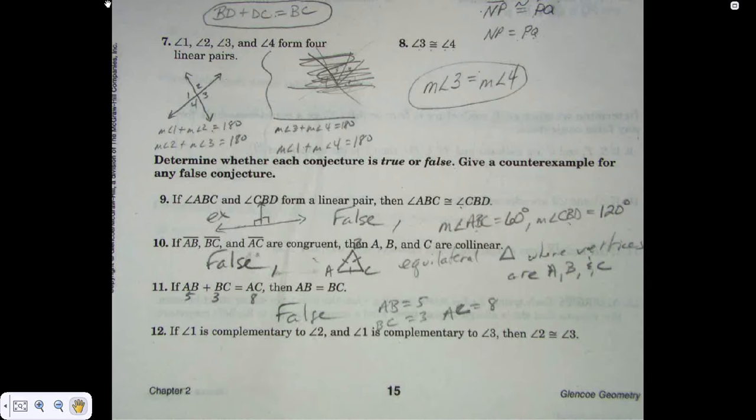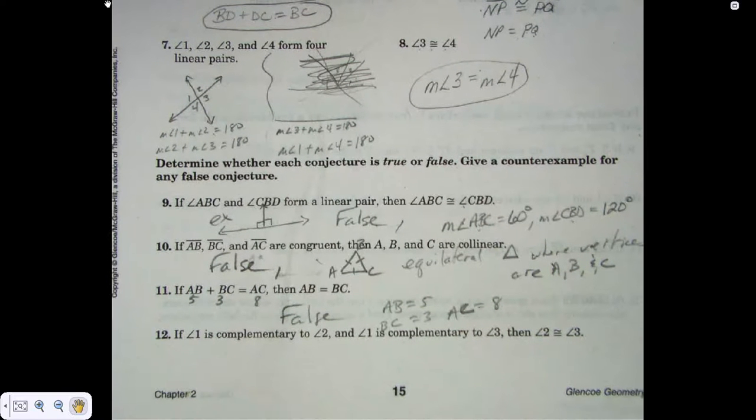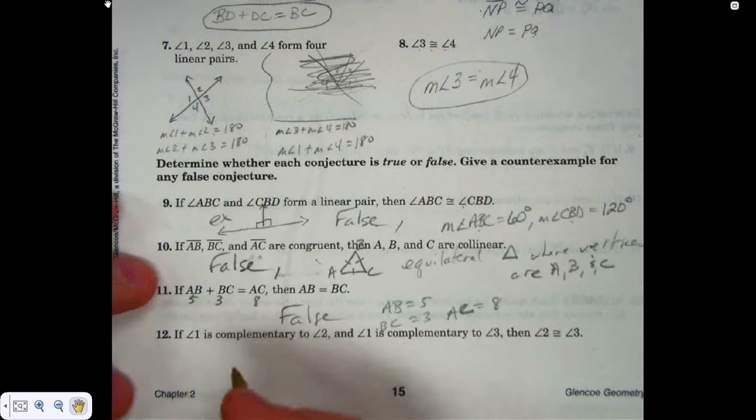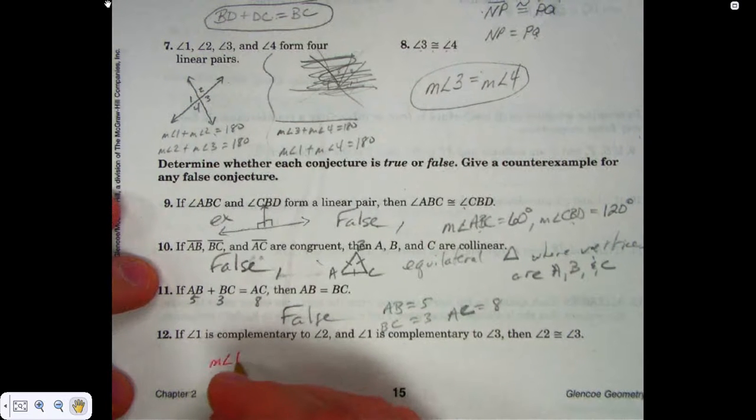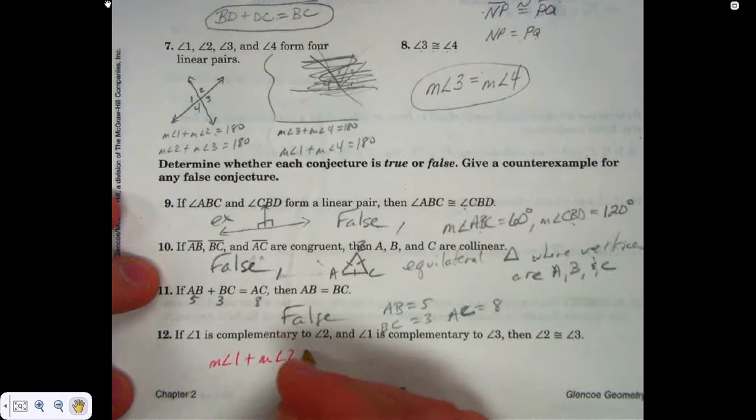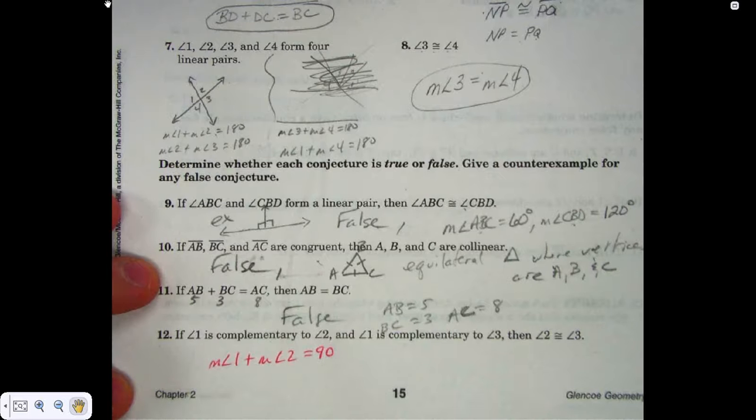How about number 12? Angle 1 is complementary to angle 2. So the measure of angle 1 plus the measure of angle 2 equals what? 90. And angle 1 is complementary to angle 3. So the measure of angle 1 plus the measure of angle 3 is equal to what?